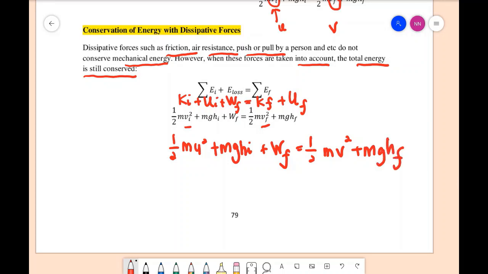In this case, work done by the friction is negative, because work is done by the system to overcome the friction.